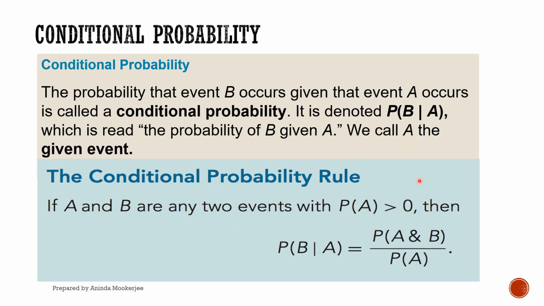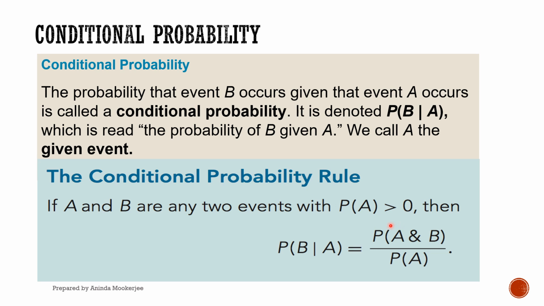Now there's a formula to calculate the conditional probability. If A and B are any two events with probability of A being greater than 0, then probability of B given A equals probability of A and B divided by probability of A. Now, probability of A and B, as you can tell, is the joint probability.